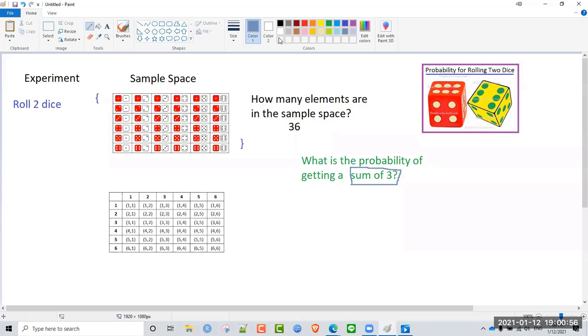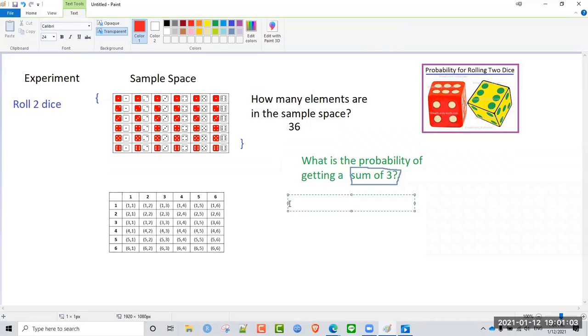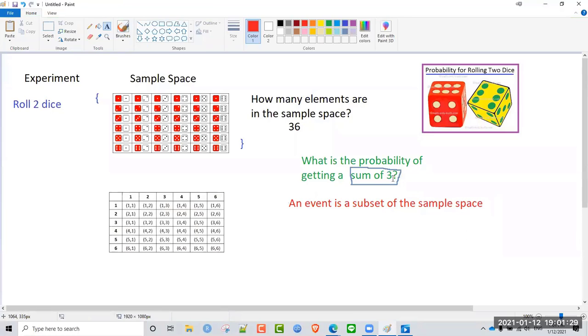Now, let's remember what we said the definition of event was. I already forgot. What is the definition of an event? An event is a part of the sample space, or a subset of the sample space. I'll use subset. A subset of the sample space. That's an event, and this gray is some event.